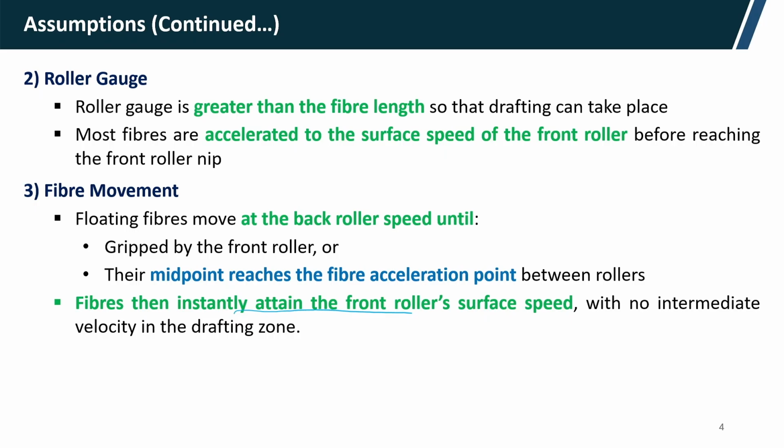From the back roller speed, the fiber suddenly starts moving at the front roller speed as soon as half of the fiber crosses the accelerating point.